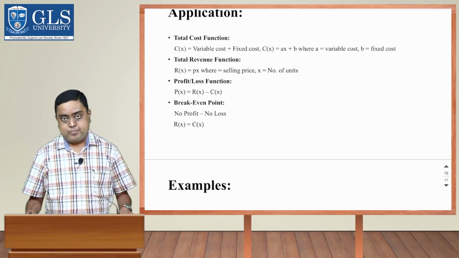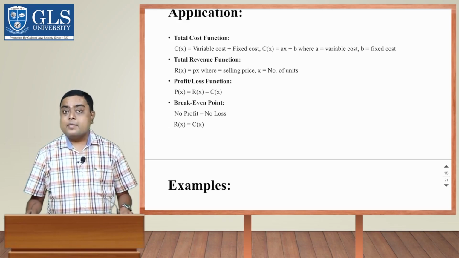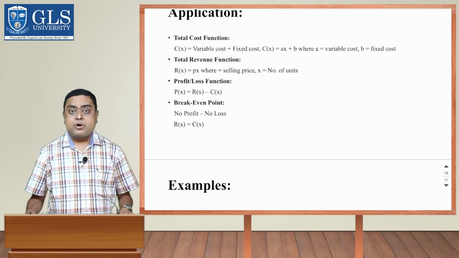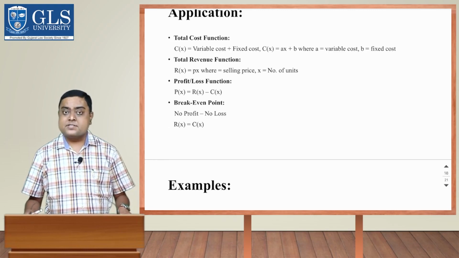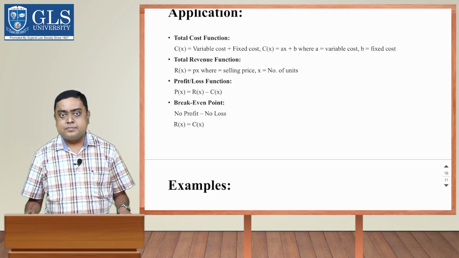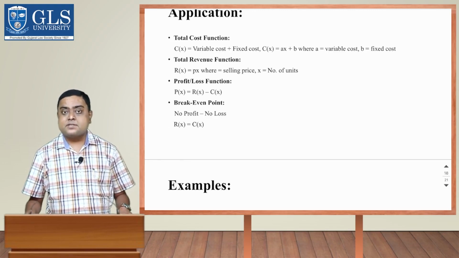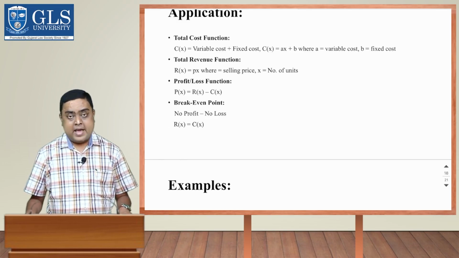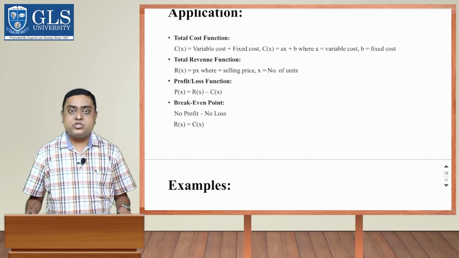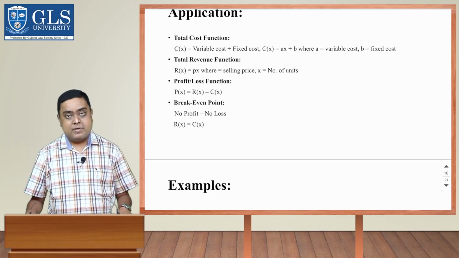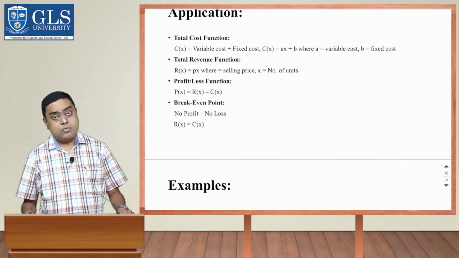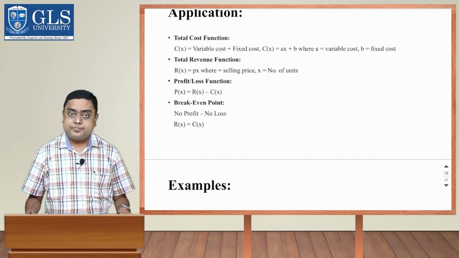Total revenue: we multiply the number of units sold by the corresponding selling price, which gives us the total revenue function. If P is the selling price per unit and X is the number of units sold, then total revenue is given by P × X. Now the profit and loss function.